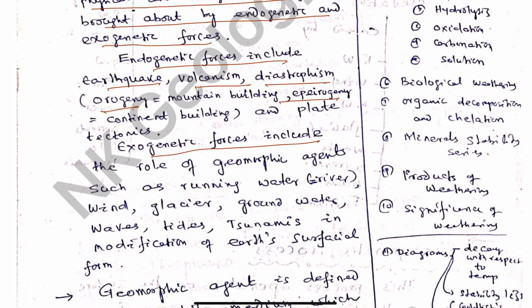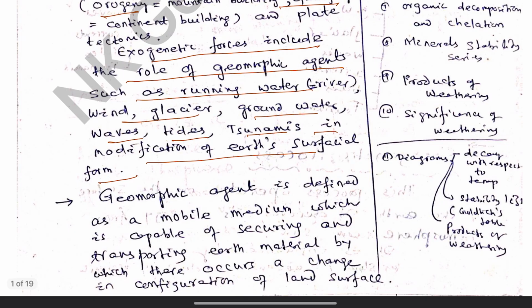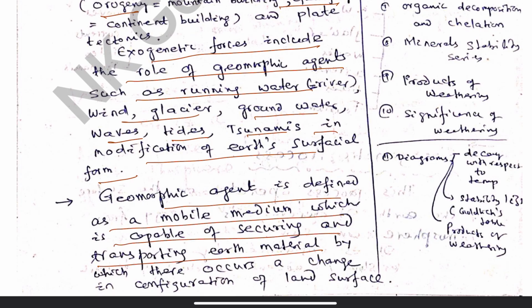Exogenetic forces include the role of geomorphic agents such as wind, running water, glacier, waves, tides and tsunamis in modification of Earth's surfacial form. So what is a geomorphic agent? Running water, wind and glacier are called geomorphic agents. A geomorphic agent is defined as the mobile medium which is capable of securing and transporting earth material, by which there occurs a change in configuration of the land surface.